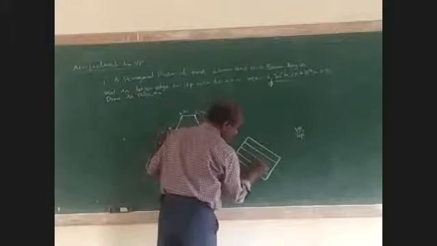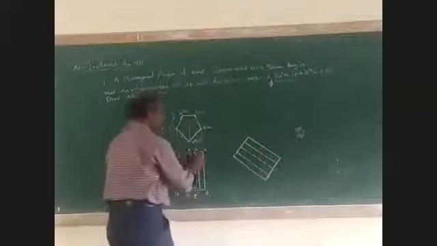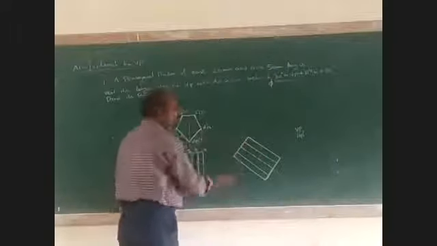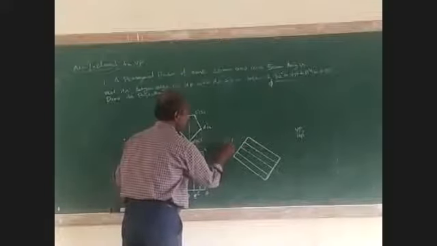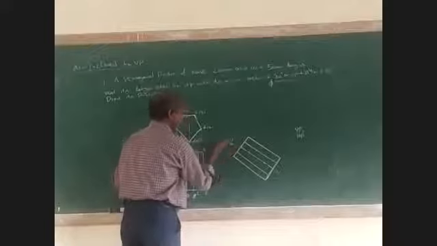You have to draw the dashed line. The same object you have to incline at an angle of phi equal to 30 degree to VP.